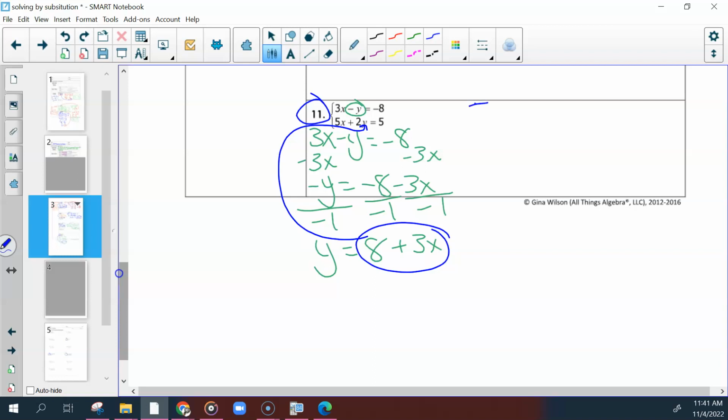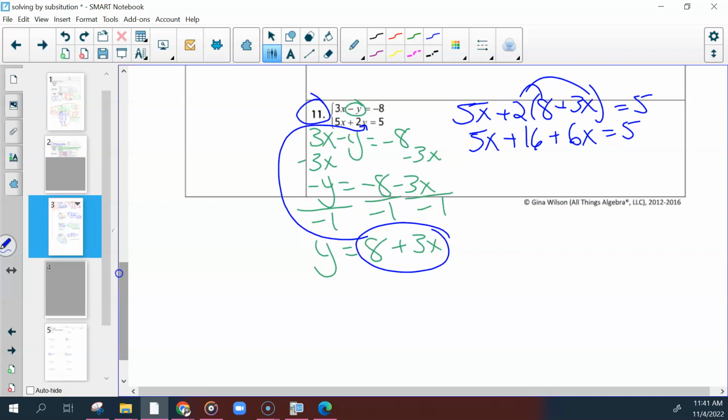So then this will become 5x plus 2 times our equation, 8 plus 3x equals 5. Distribute and solve. Here, when you combine your x's, you get 11. So you have to subtract the 16. And divide.